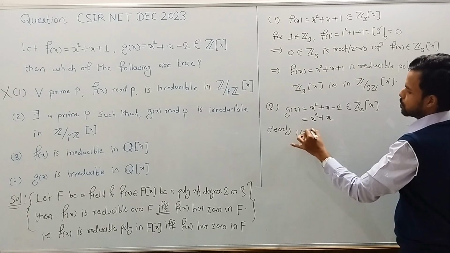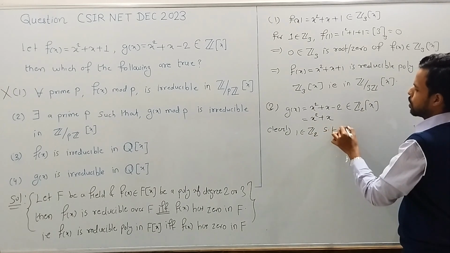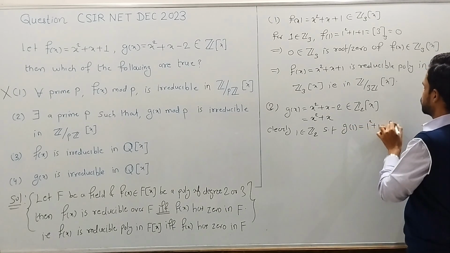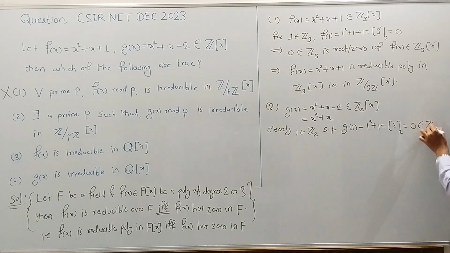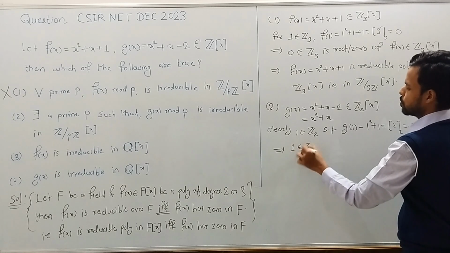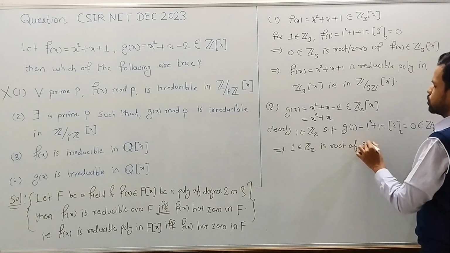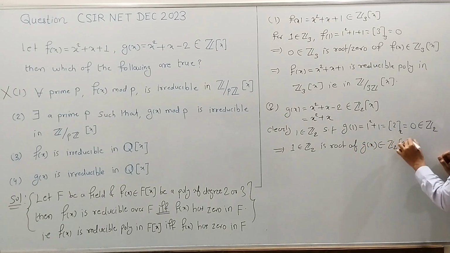And 1 belonging to Z2 is such that g(1) equals 1² + 1, which equals 2 modulo 2, which equals 0. So 1 in Z2 is a root of g(x) in Z2[x].